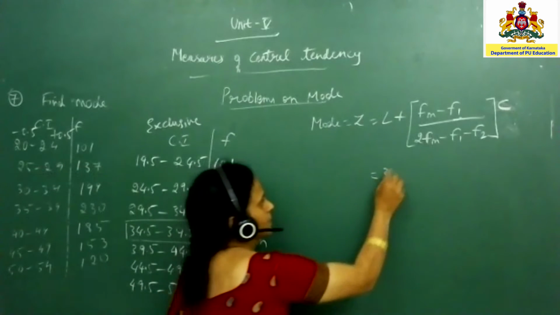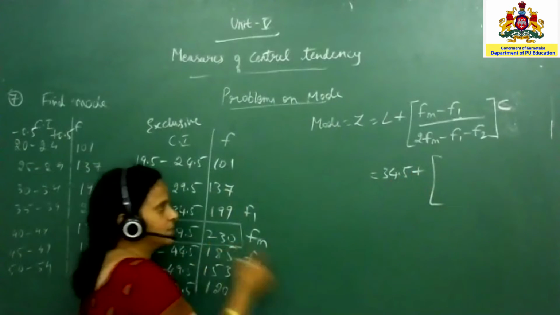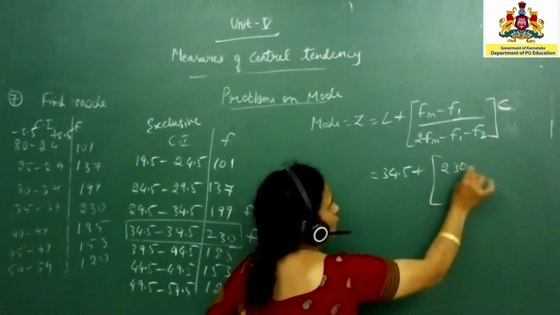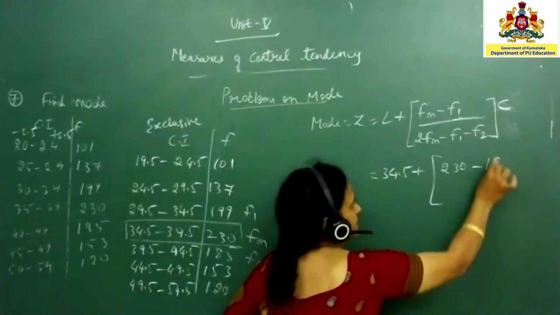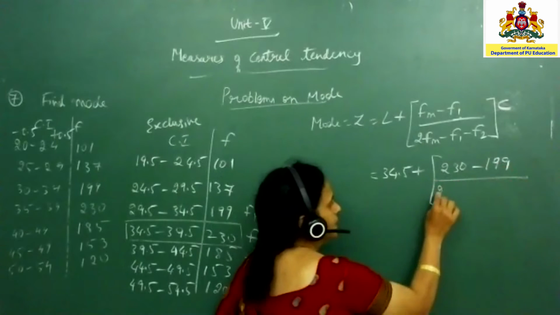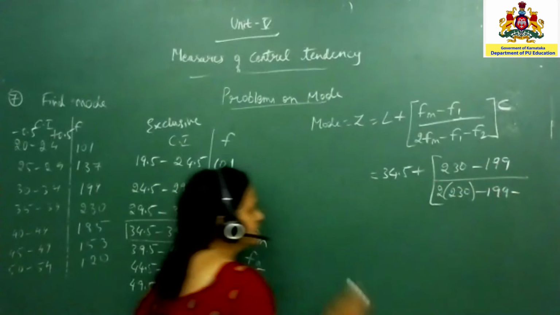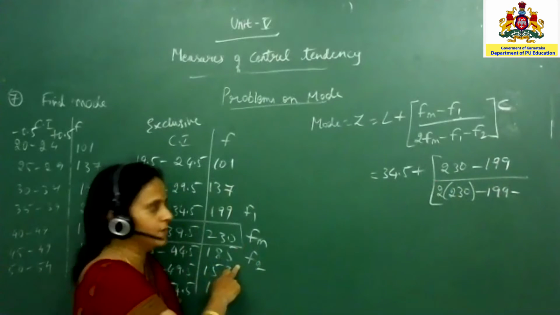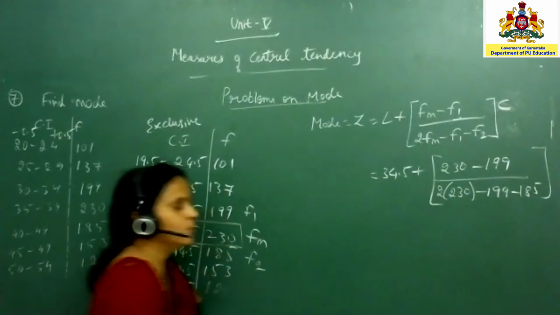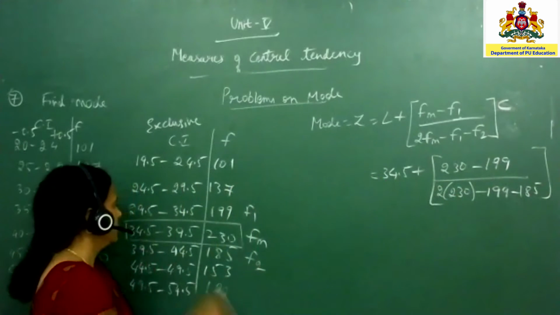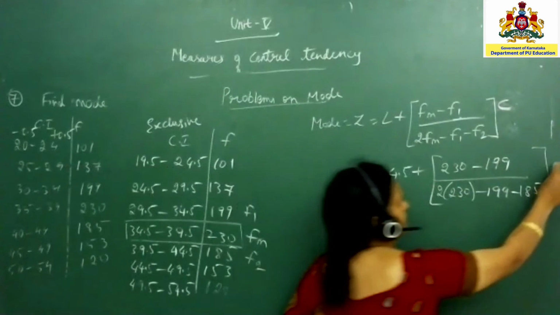So 34.5 plus, FM is the frequency 230, so 230 minus F1, the preceding frequency, 199, divided by 2 times 230 minus 199 minus F2, which is 185. And next is C, the class width, which is 5.